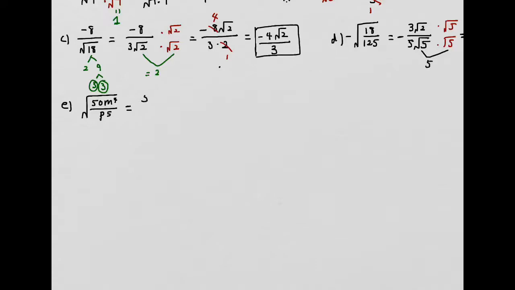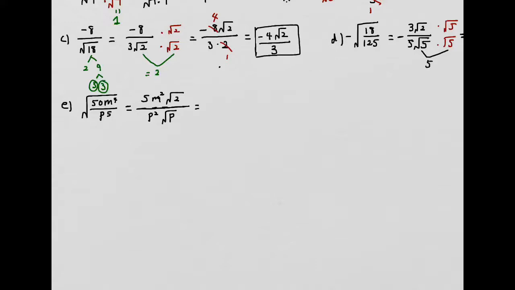So 5 comes out. M to the 4th will be m squared. And only 2 remaining inside of the radical. And square root of p to the 5th exponent is p squared, square root of p remaining.